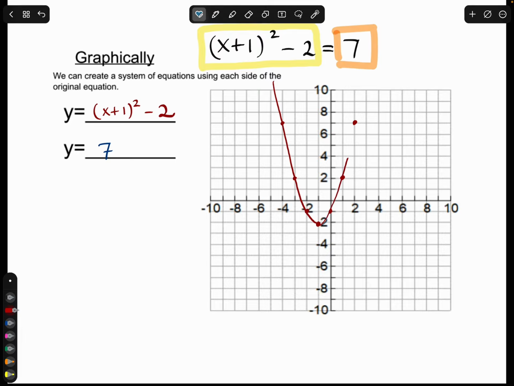Here's our nice parabola. Try to be as accurate as you can because you're looking for where they intersect. If you do a bad job graphing it, your intersection might be a little off. Our second one, y = 7. Remember, this is just a horizontal line.